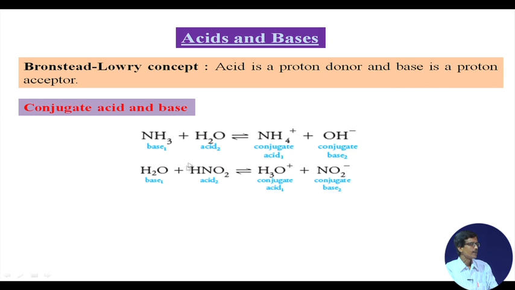This nitrous acid can react with water, which now functions as a base, forming H3O plus. Water is now the proton acceptor; in the previous example it was the proton donor. This gives hydronium ion as the conjugate acid and nitrite ion as the conjugate base.